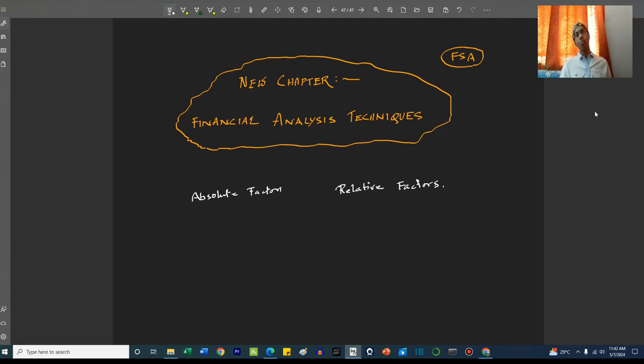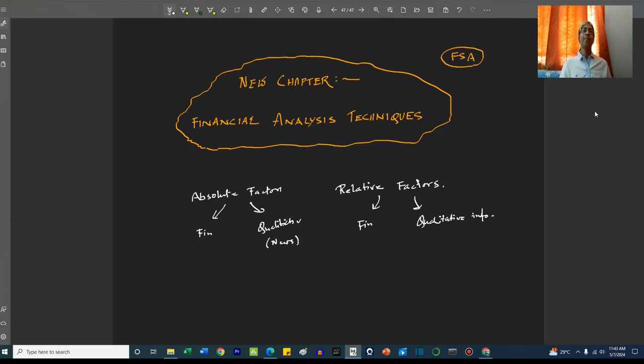Both the absolute factors and the relative factors may use financial data, and may use some qualitative data like news. In the same way, relative factors also may use financial data and also some qualitative, non-numerical data, right?